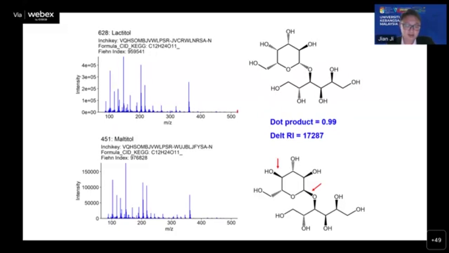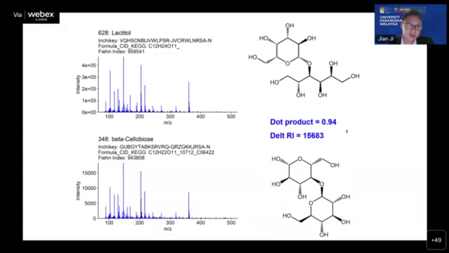So it's pretty good. But another thing we have to know is that the EI spectrum is not enough. We need other information. Like here, we have the lactitol spectrum, and when we search against the library, we get this one, maltitol. Actually, lactitol and maltitol are isomers, so their spectra are almost the same, with a pretty good dot product value like 0.99.